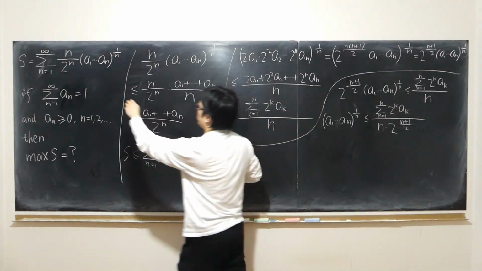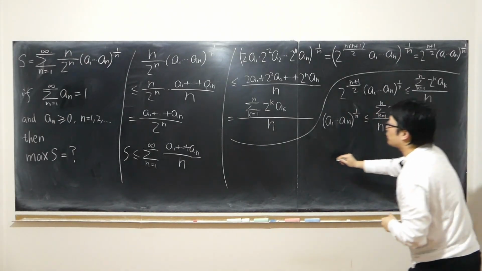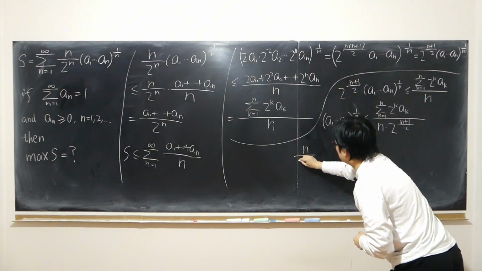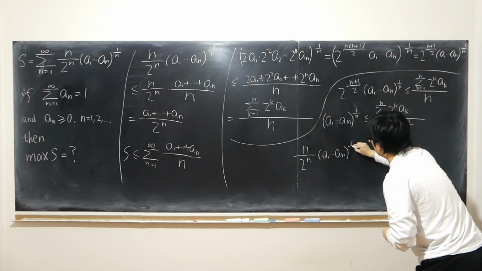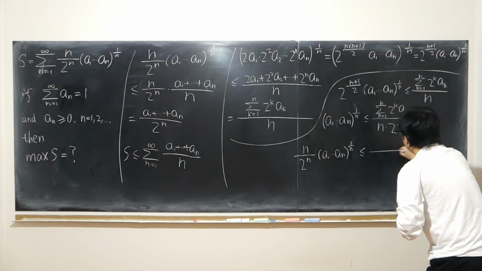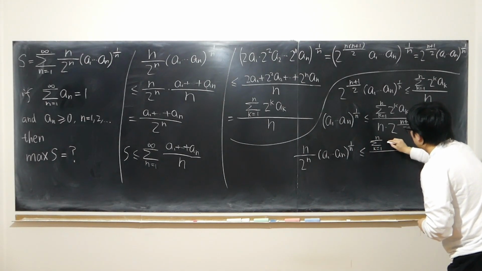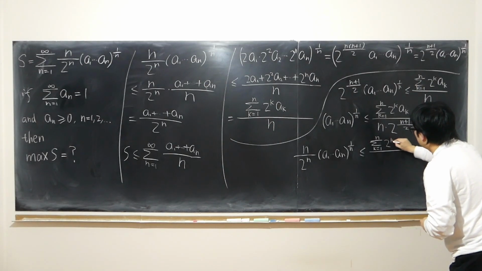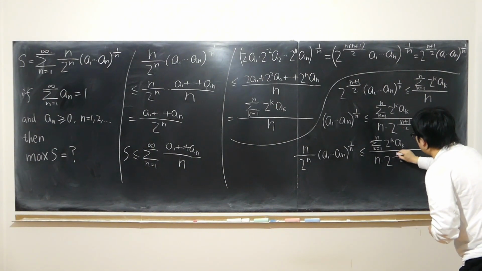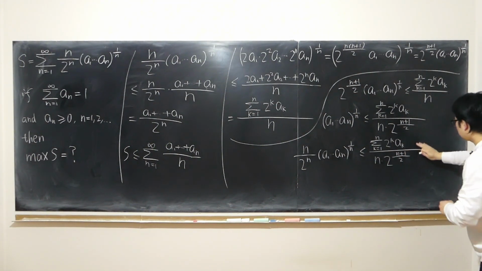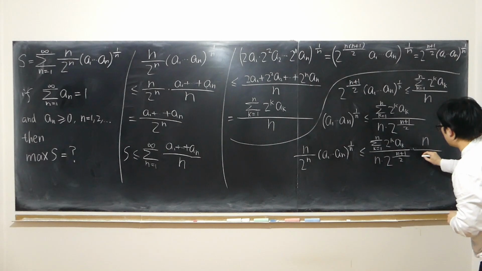But here we have n over 2 to the power n, so we multiply by the same term. So (n over 2^n) times (a1 ... an)^(1/n) is less than or equal to, copy this down, (1/(2^(n(n+1)/2))) times the sum of 2^k ak, multiplied by n over 2 to the power n.